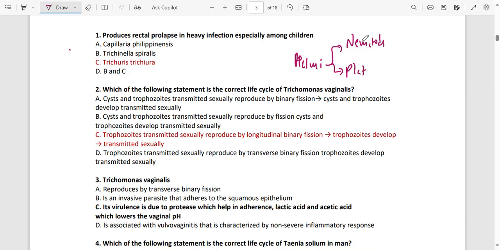Nematodes you can classify depending on the location. You have intestinal helminths, and then those which are in blood. And for the platyhelminths, the flatworms, you can classify them into cestodes or trematodes, the flukes. So that's a basic classification.